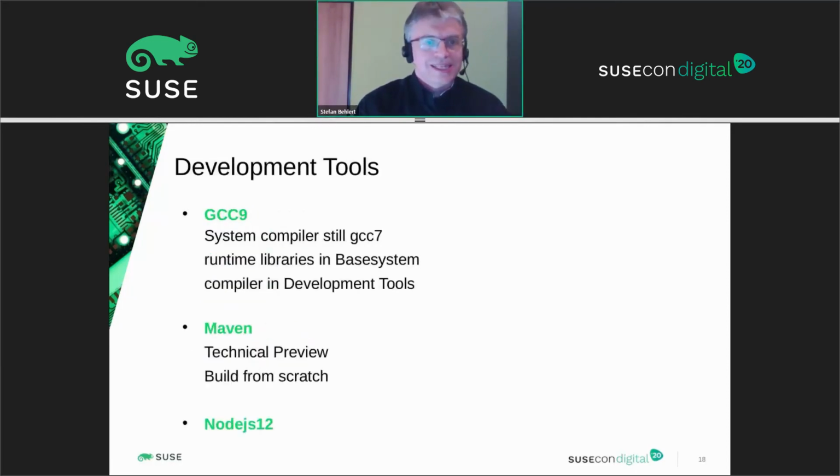On the development side, the system compiler is still GCC 7. But for those of you who need a newer compiler to make advantage of some new enhancements that have been released since then, we ship the GCC 9 compiler in the development tools module.